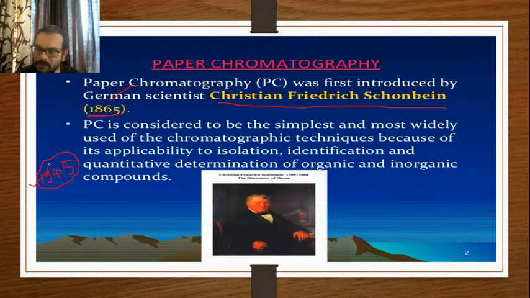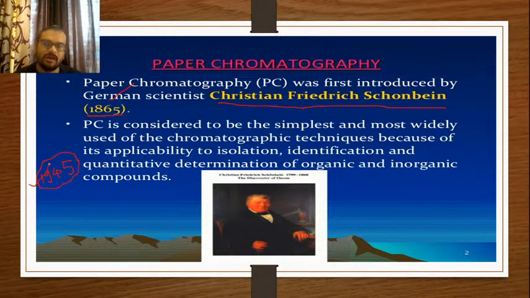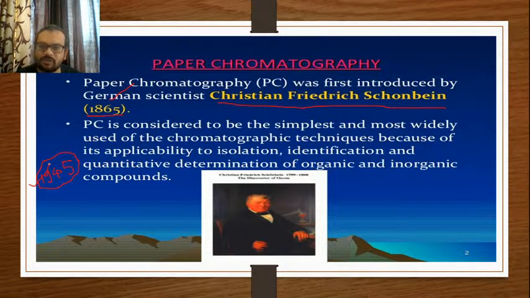Paper chromatography is considered the simplest in terms of instrumentation. As we have discussed in the case of HPLC, gas chromatography, or even further techniques like ion exchange chromatography, HPTLC and even TLC, these require sophisticated techniques and instruments.